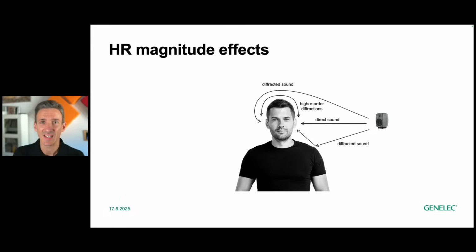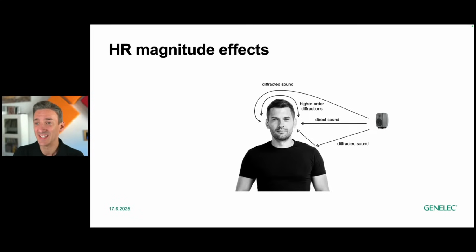But what's pretty easy to understand is that we have differences between the two ears, depending on the location and the direction the sound comes from. In this image, we look at the level differences, or magnitude effects. I will now speak about the speaker on the right side, so it's coming from the right. It's hitting his left ear first.